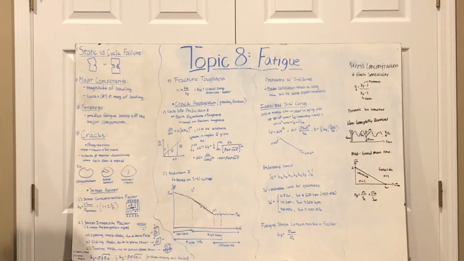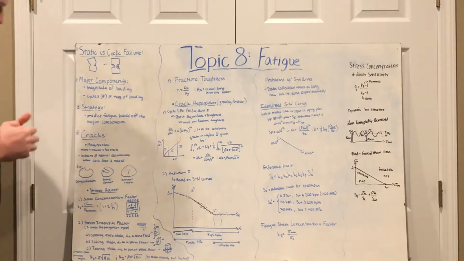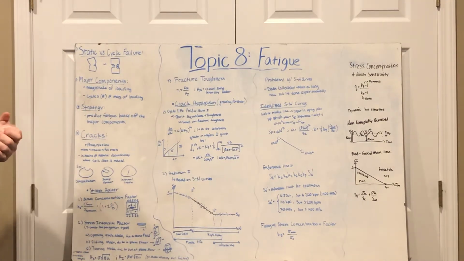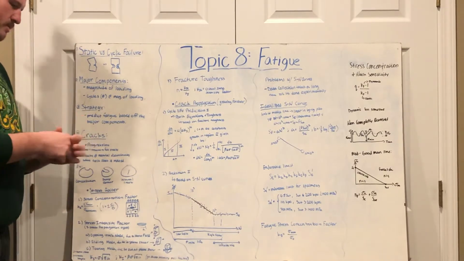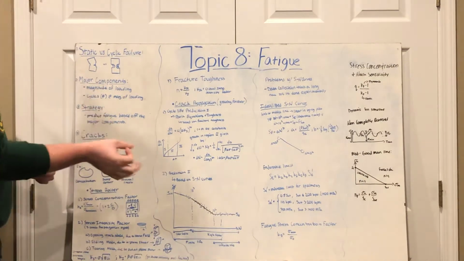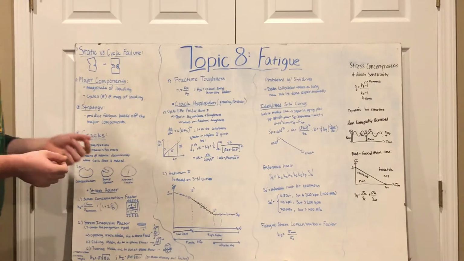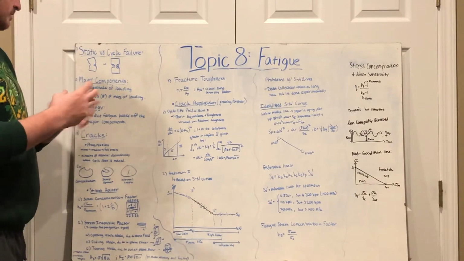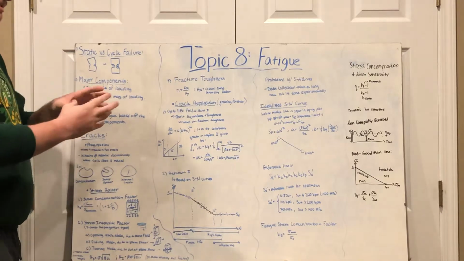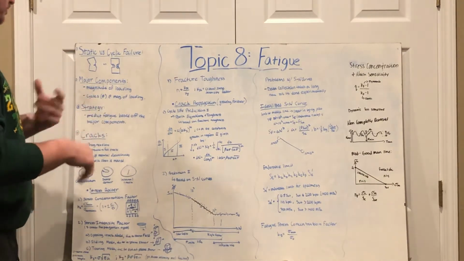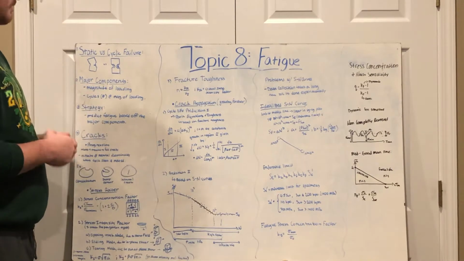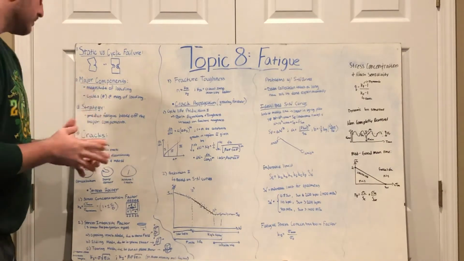Now, what are the main things we'll be looking at? We're going to be looking at cracks. Let's start with the progression of cracks. Cracks will progress from a micro crack, which is super small and could stem from impurities in a material, and then over time, through the cyclic nature of the repeated stress on the material, it will transition further on to a full crack, and then to a failure.